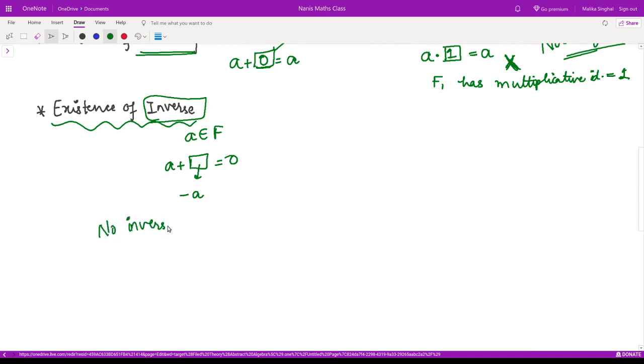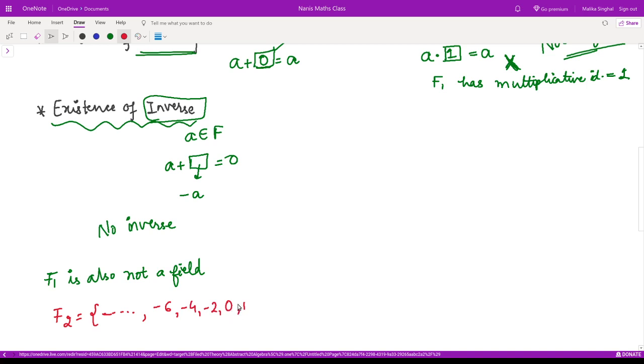So the set F1 is also not a field, right? Now what if I create another set F2 which contains all the negative numbers also, like dash dash dash. Then I have minus 6, minus 4, minus 2, then 0, then 1.